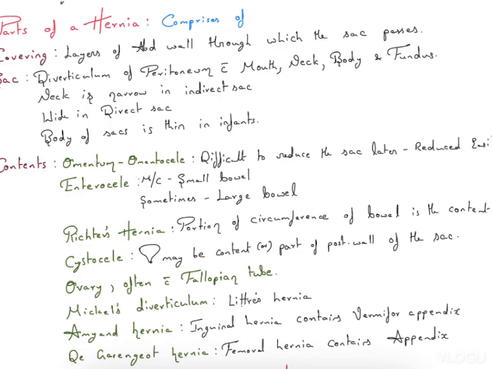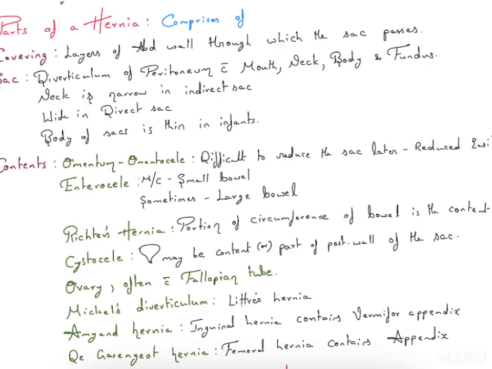The coverings are part of hernias. Next we can see the sac, a diverticulum of peritoneum with mouth, neck, body and fundus. The neck is narrow in an indirect sac and wide in a direct sac.